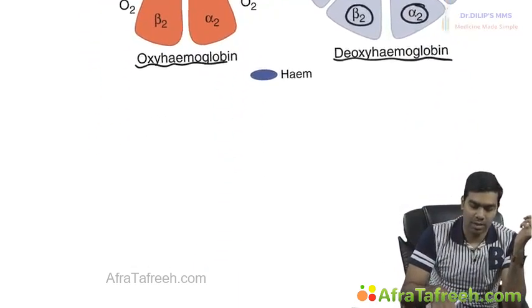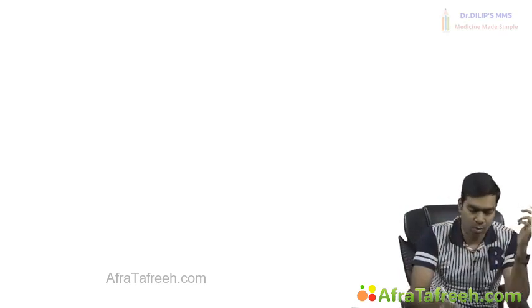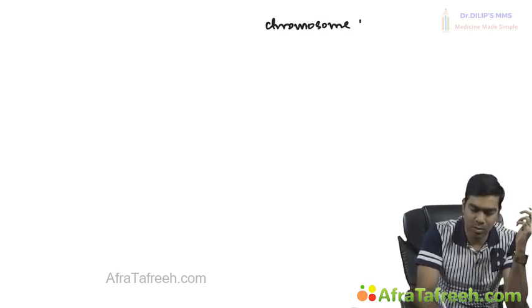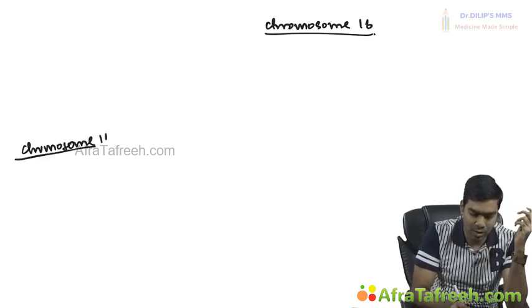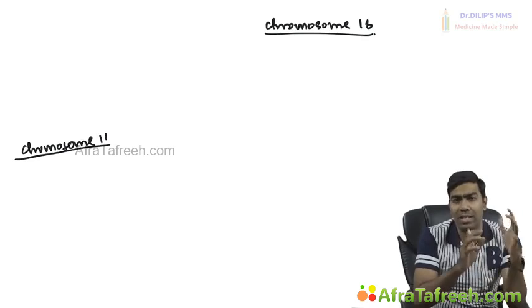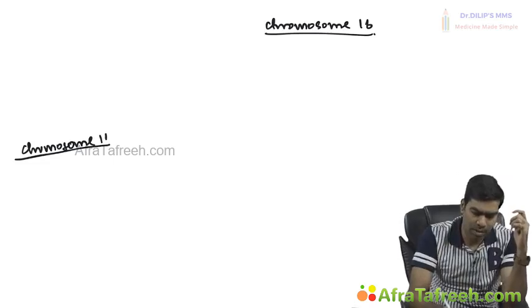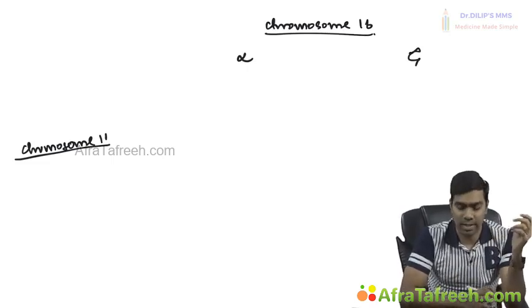So let us see. Globin comes from two separate gene clusters. One is on chromosome number 16, and the second is on chromosome number 11. Chromosome 16 contains 2 different genes: an alpha gene and a zeta gene.